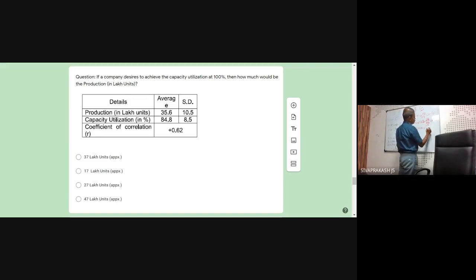So 84 into 84, about 71, 72 will come. 71 something. Now x is equal to, whatever I am writing now I am approximating here and there, right? Plus 35.6. If we do this, 0.84y. If we approximate it, 36 will come.